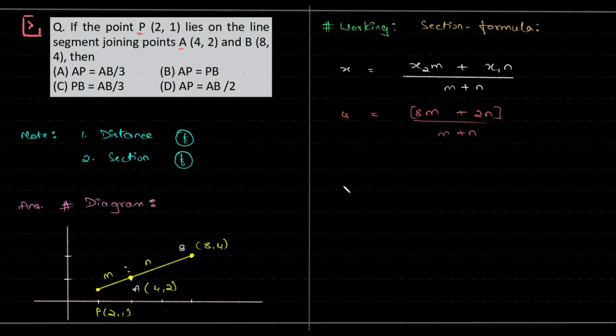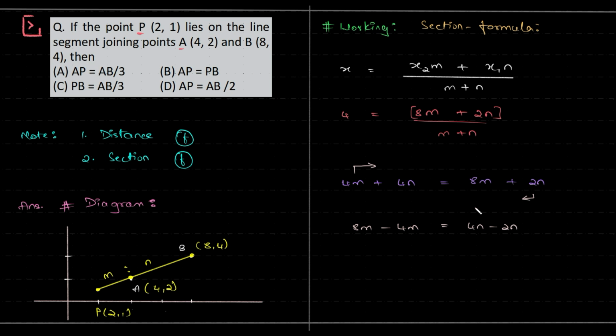We have 4m plus 4n is equal to 8m plus 2n. And then transposing, we have 8m minus 4m, and there we have 4n minus 2n.